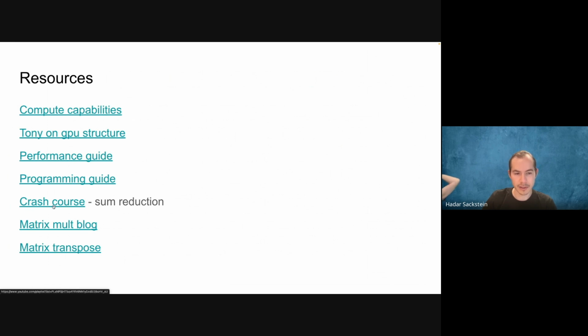This is a CUDA crash course on YouTube, which I specifically like for the example of sum reduction. There's a good blog on optimizing matrix multiplication and also on optimizing matrix transpose. These are very good examples to learn from.